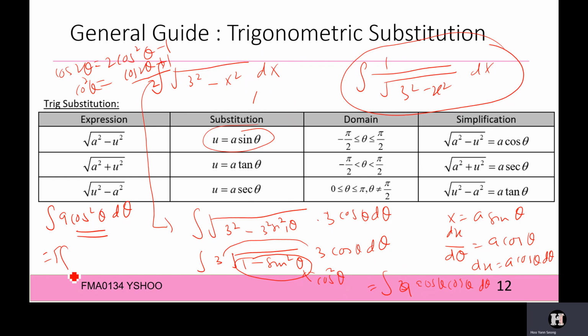So this one will become the integration of 9 times (cos 2θ plus 1) over 2 dθ. Then you can integrate using your vocabulary combined with the chain rule. This substitution is also not in your Maths 2, but I just want to tell you in one shot what the common substitution is.